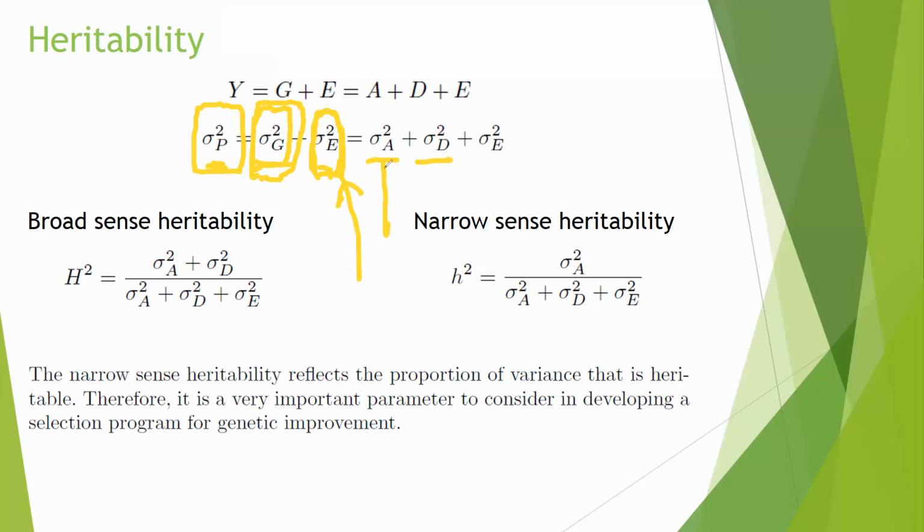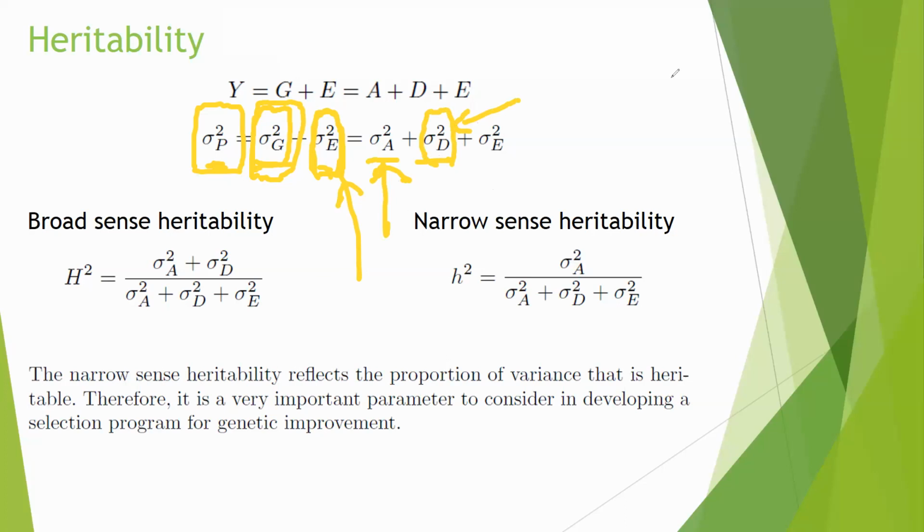One is the dominance, one is the additive part, for which we can make the prediction using the linear model, right? But this dominance deviation part, or the non-additive part, or non-linear part, sometimes we also cannot control. We cannot make the prediction for this part.